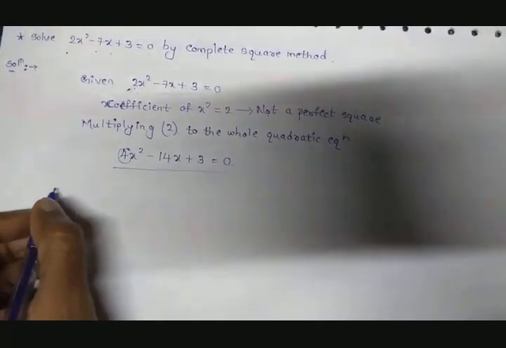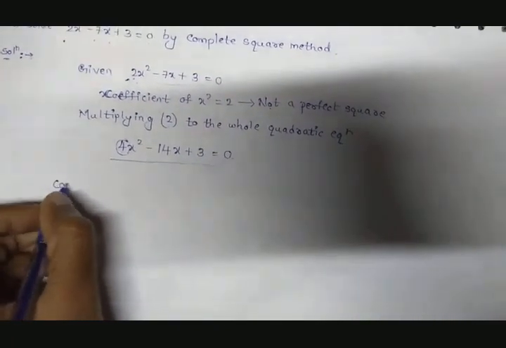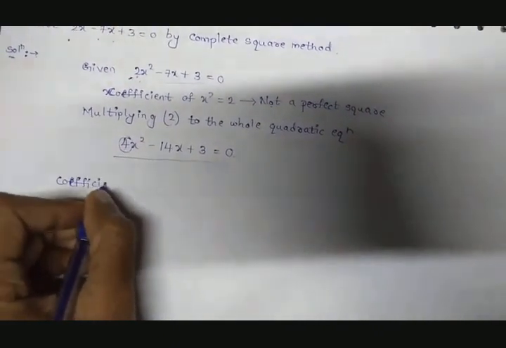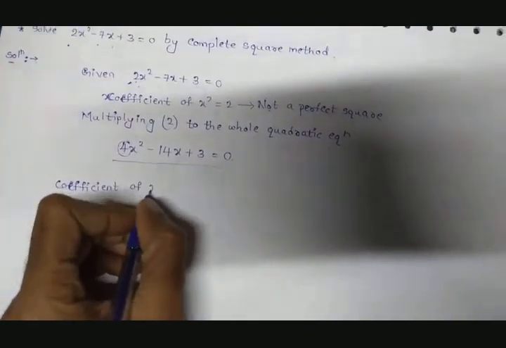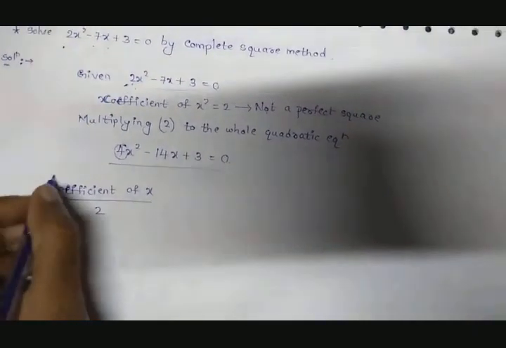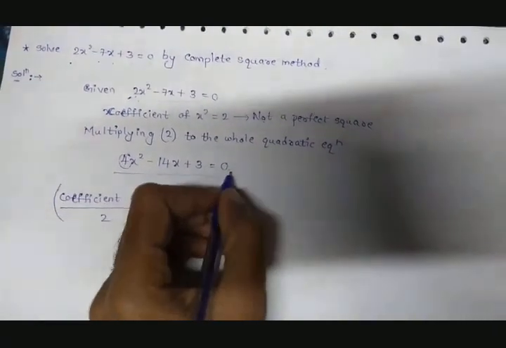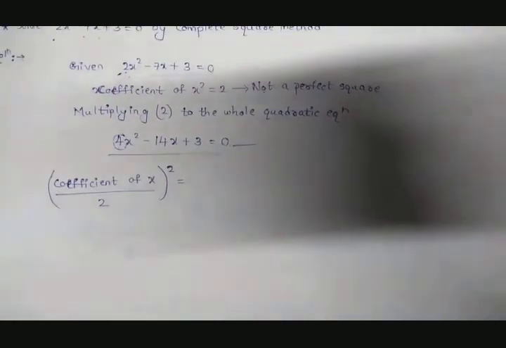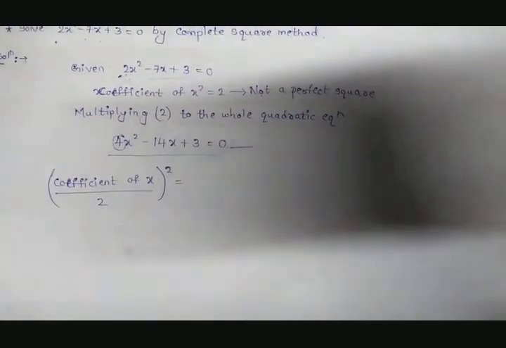So now we shall go to step 3, that is, add and subtract (coefficient of x divided by 2) whole square to the given quadratic equation. Many of you will get confused in this step. Why?